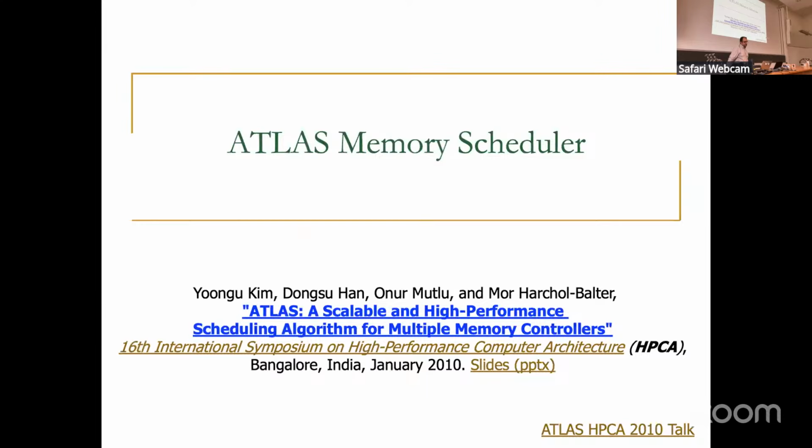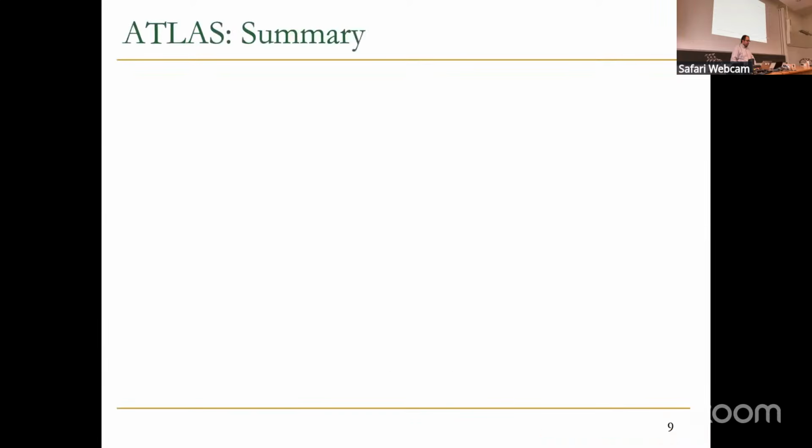Now we're going to see some other works in this line. The first work which I'm going to discuss today is the ATLAS memory scheduler. For these works that I'm going to cover now, the detail is going to be less compared to PARBS and STFM that we saw last week. We're going to mostly focus on high-level key ideas and some high-level results. In this work, the focus is to maximize system performance.